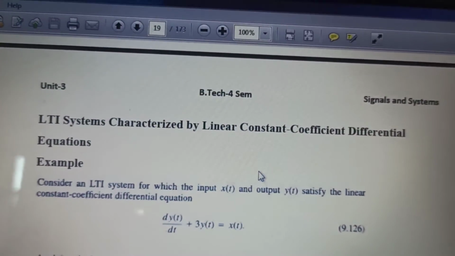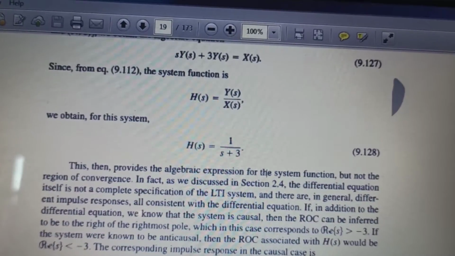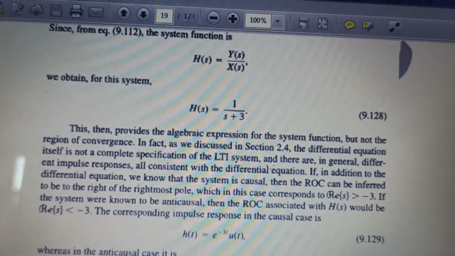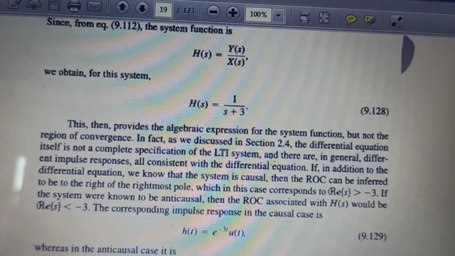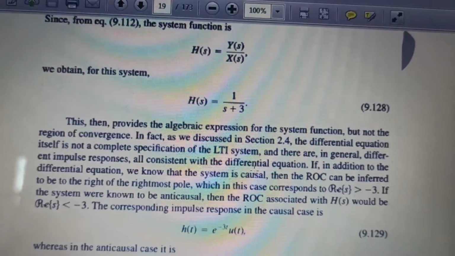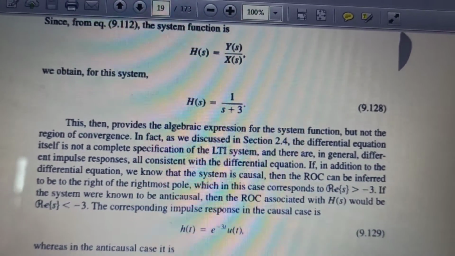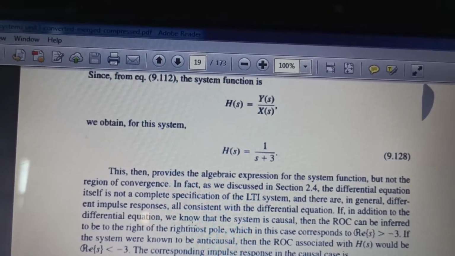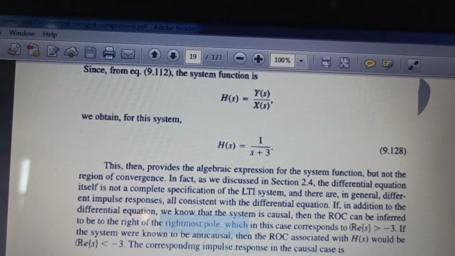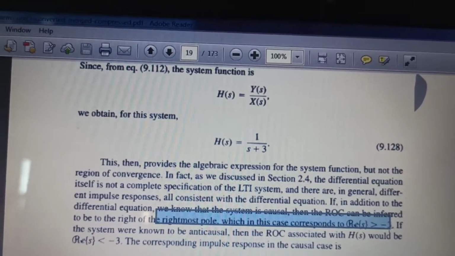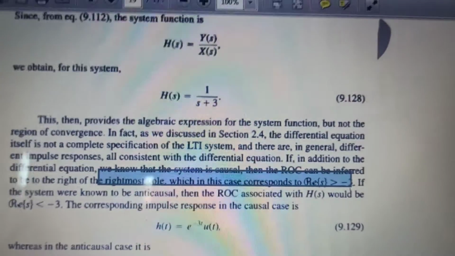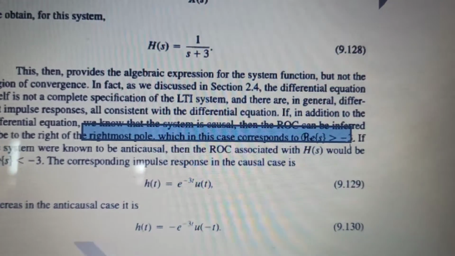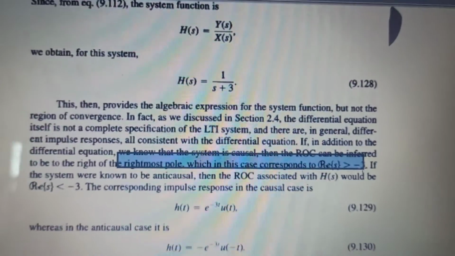I think this is clear. This is again stated here. I would like to draw your attention to this part: the ROC should be to the right side of the rightmost pole, then the system will be causal.